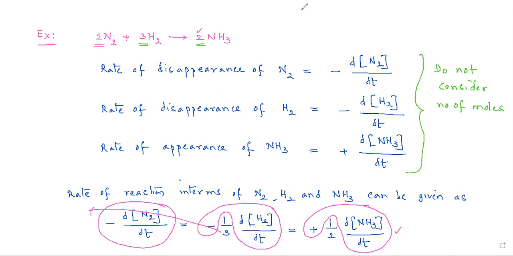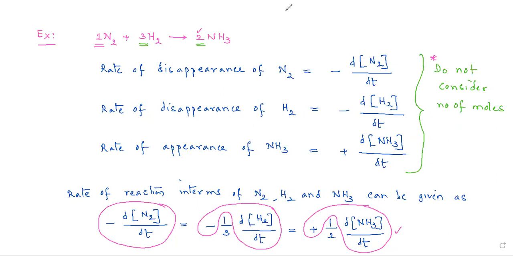Now, see, I told you not to consider the number of moles. Let us suppose you consider the number of moles even while writing the rate of disappearance and appearance, then if you consider 1 by 3 here, it will become 1 by 3 into 1 by 3, 1 by 9 times.